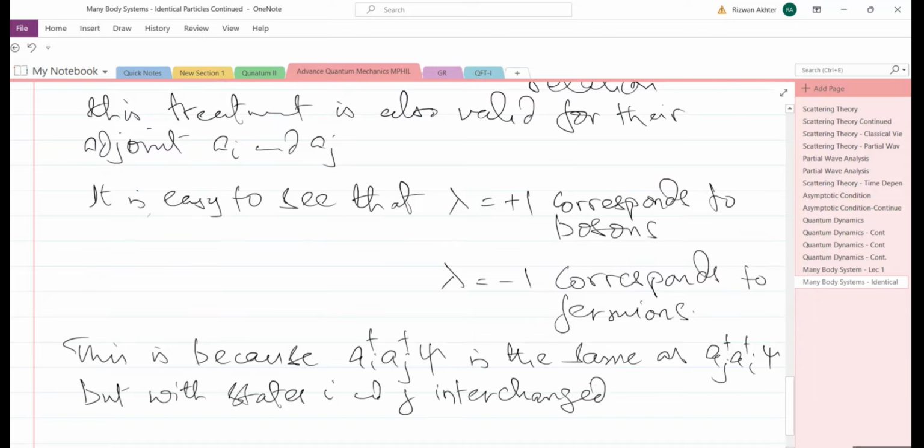States I and J. So I and J are two states, sort of, because a state with ith particle and a state with jth particle, and this is equivalent to interchanging two particles.